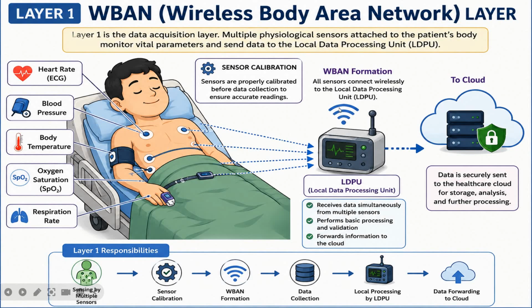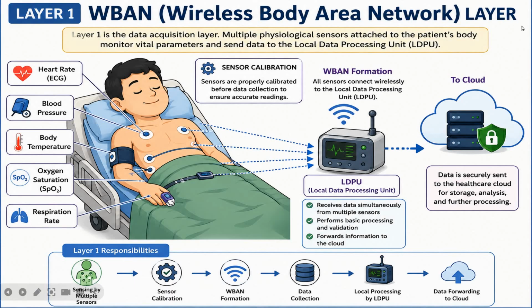The wireless communication module eliminates the need for complex wiring and makes the monitoring process more comfortable and flexible for the patient. Once the LDPU receives the physiological data, it performs basic processing and validation of the collected information. The processed data is then transmitted securely to the healthcare cloud through a wireless connection.